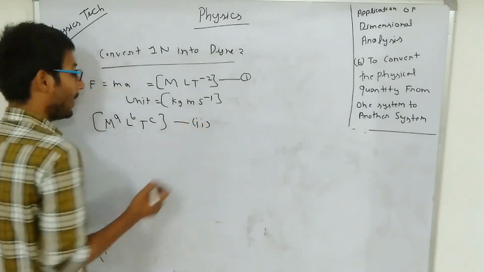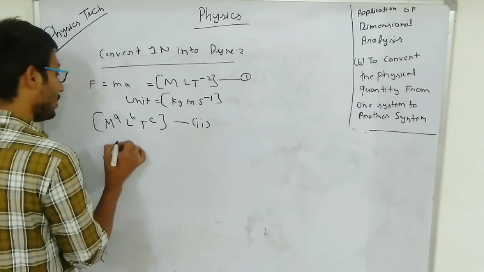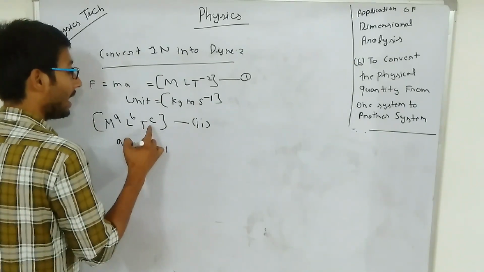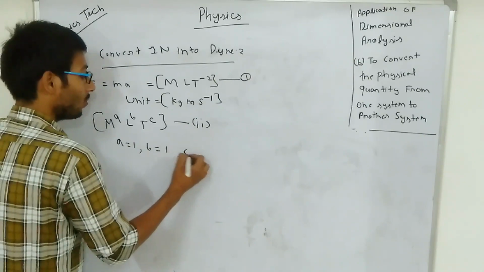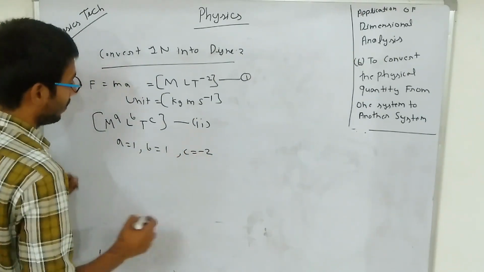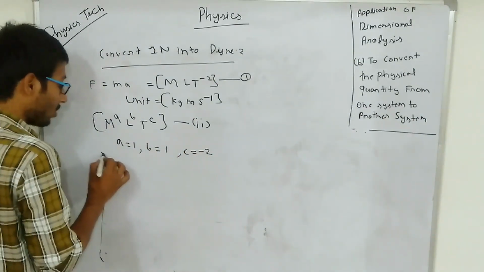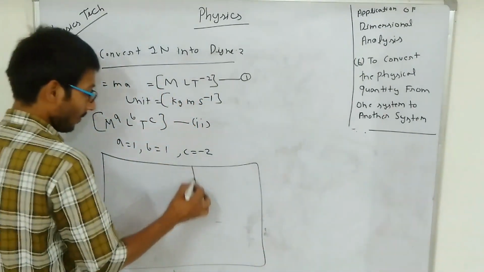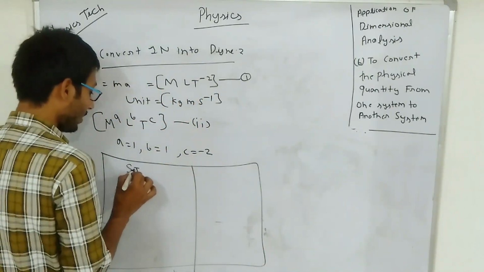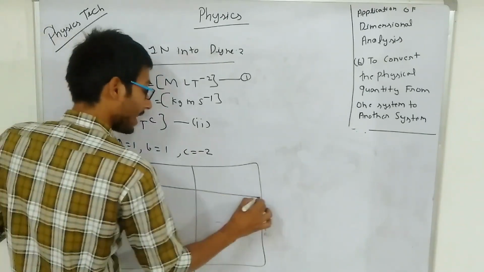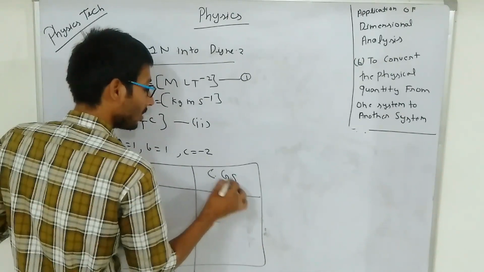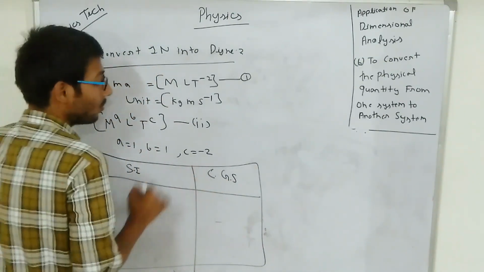By comparing we find a is equal to 1, b is also equal to 1, and c is equal to minus 2. After that we draw a box. On the first side we note SI unit, and on the second side we note CGS, because we convert the SI unit into the CGS unit.